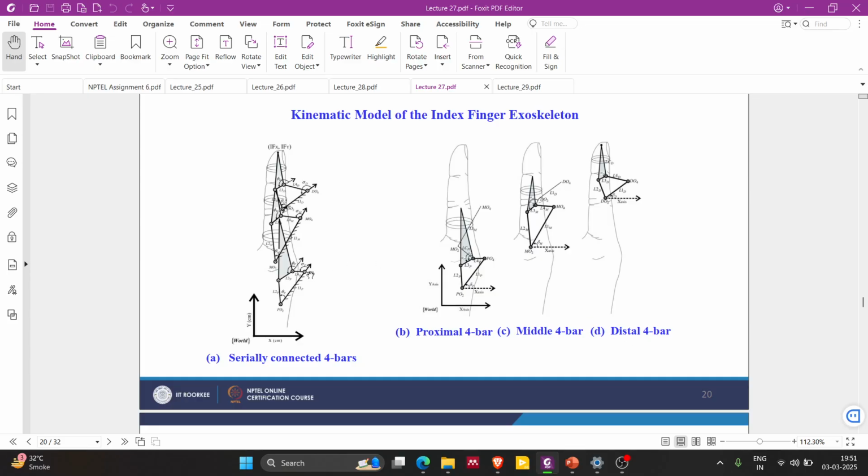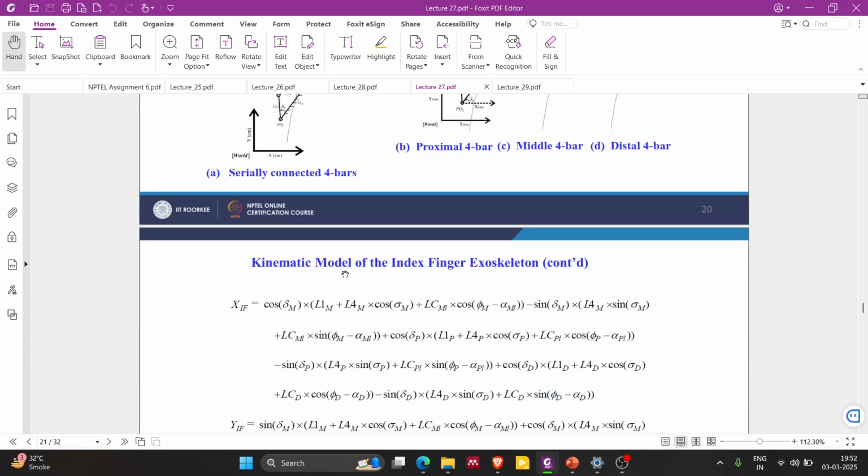Similarly, what they have done is there are three 4-bar mechanisms for the finger. So this is the proximal part, there is a middle part, then there is a distal part. So how many degrees of freedom? Two, three, three, again three, three. Again for the thumb it should be two, right?